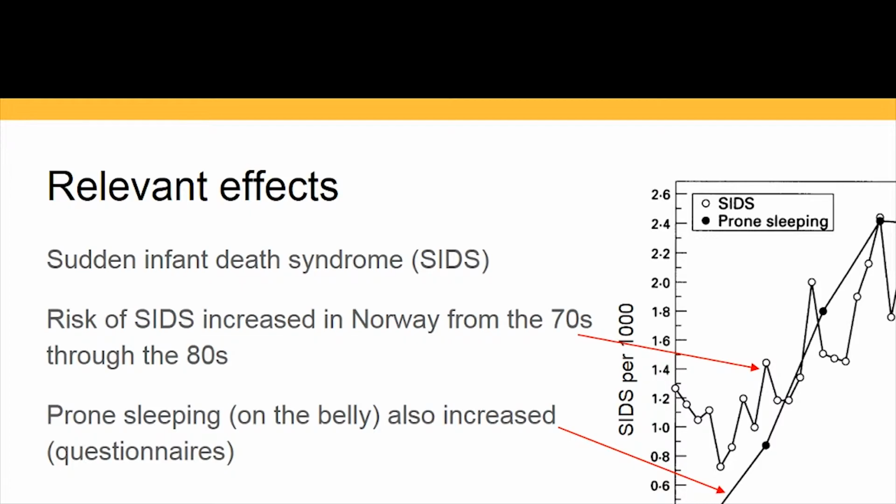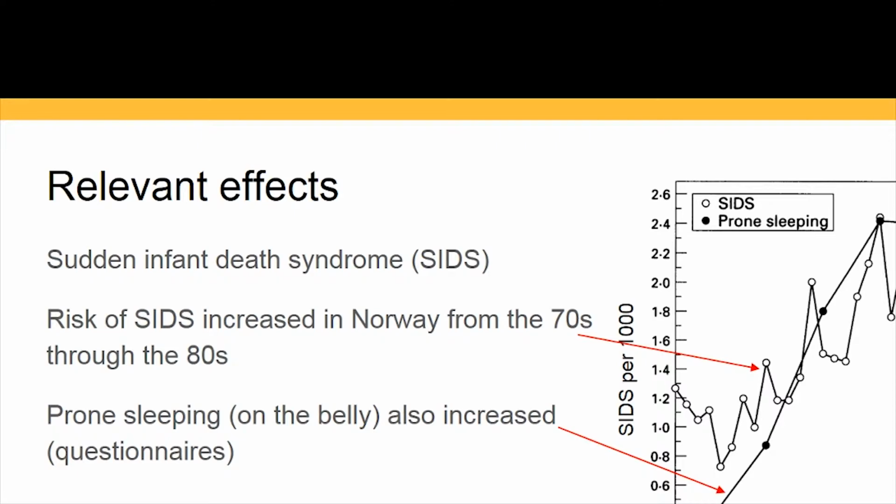Okay, so this figure shows two things. The empty circles over here show the rates of sudden infant death syndrome, or SIDS, in Norway from the late 60s to the early 90s. And these numbers are from the birth registry. The full circles, these guys, show the proportion of infants sleeping on the belly, or what is called the prone position.